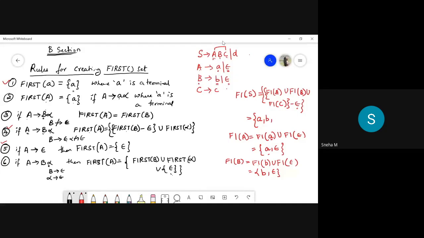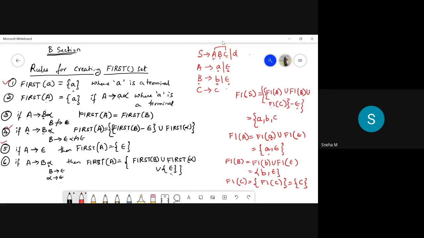Now I still cannot complete the first set of S because I require the first set of C also. So first of C is the set c. So a, b, c.